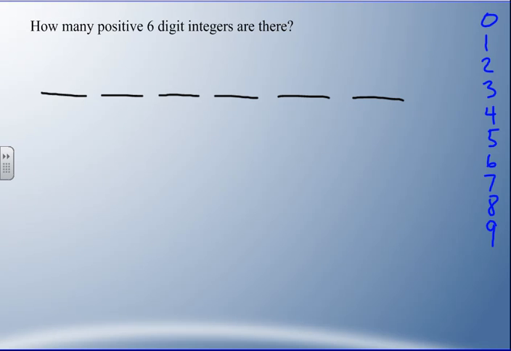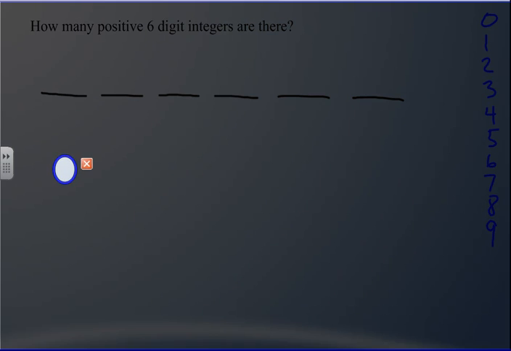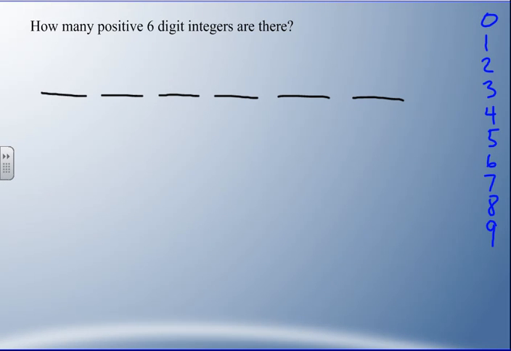So how many options do I have for this first spot? Now, this is the tricky one, because any number I put in there will work, except for a 0. For instance, if I had 0, 5, 9, 3, 2, 1, that's not a six-digit integer, because that 0 on the front makes it a 5-digit integer.